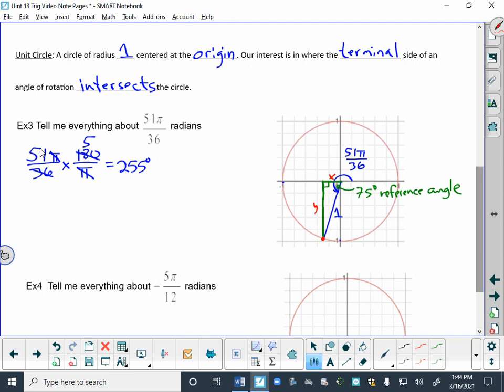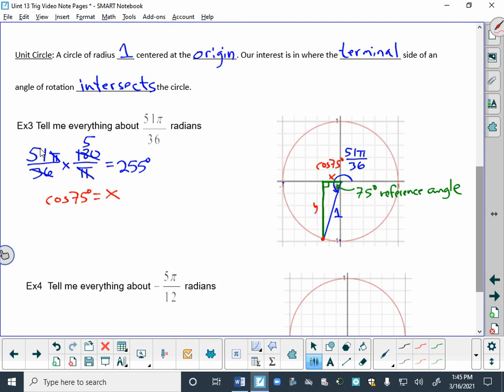For the 75-degree angle here, x is the adjacent side. The hypotenuse is 1. Adjacent and hypotenuse is cosine. So I could write that the cosine of 75 degrees is the adjacent side divided by 1, so I don't have to do that. It tells me that this x here is actually equal to the cosine of 75 degrees.